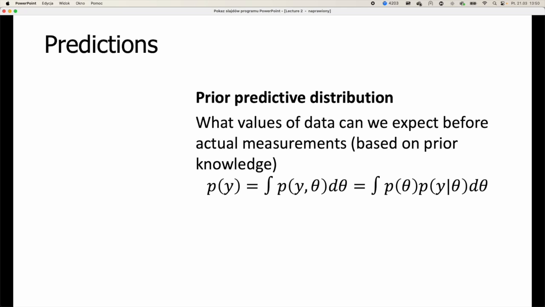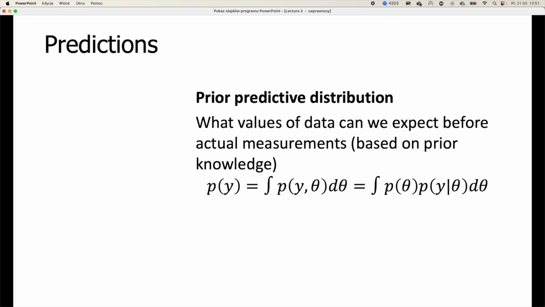Even before the experiment, we can see what data we can expect, which is actually very useful. The prior predictive distribution allows us to create a distribution of data that can happen, which is a very useful thing.